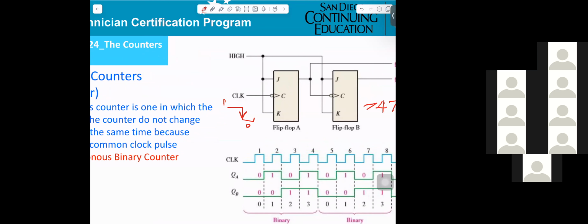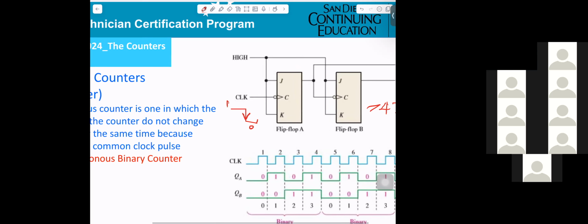Okay. You get a truth table for the JK flip-flop. You get J, you get K. If the clock goes high to low, then whatever the output will be, that's shown in the truth table. Okay?